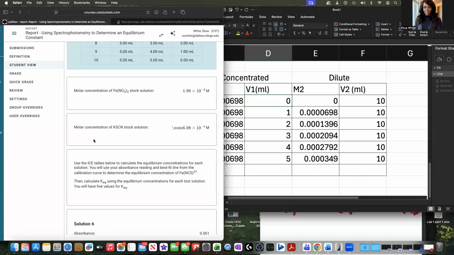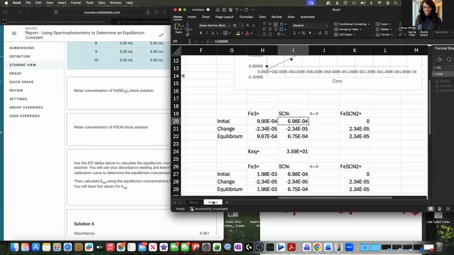Okay, let's see how this goes, guys. Over here, I got 6.9. I need to add a 0 here, times 10 power negative 5. Okay. Really?